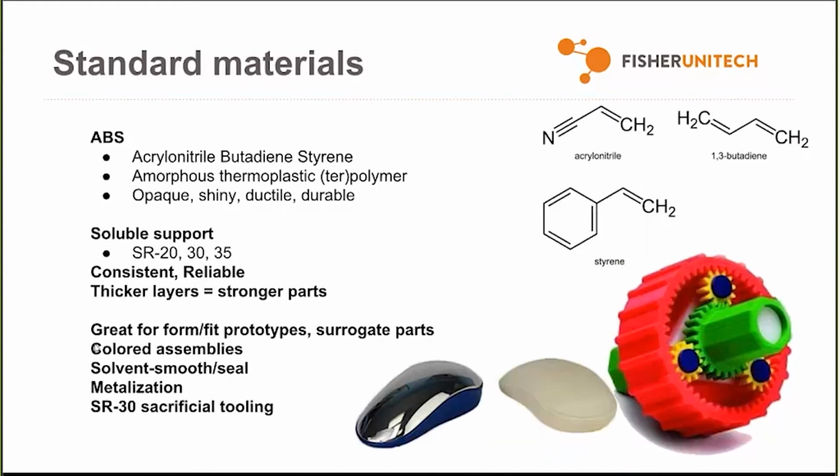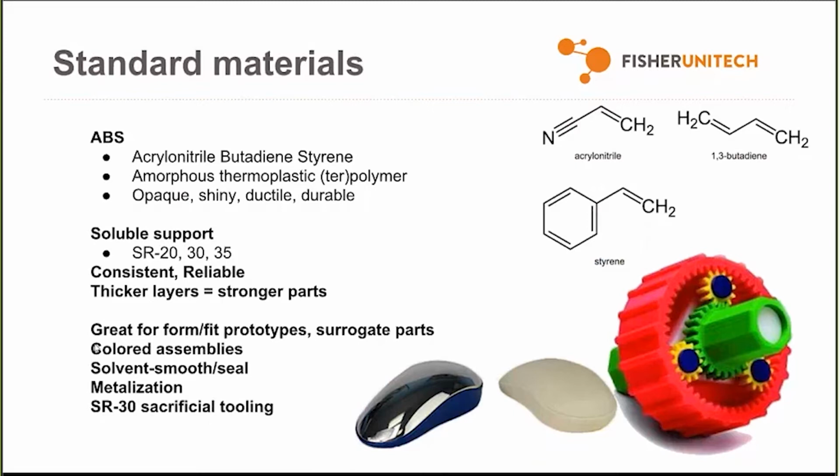All right. Next up is ABS. Now, I'll try not to spend long here, since it's what you're all used to, presumably. Acrylonitrile, butadiene, and styrene are those 3 chemical monomers over in the corner. And those make up this so-called amorphous terpolymer.